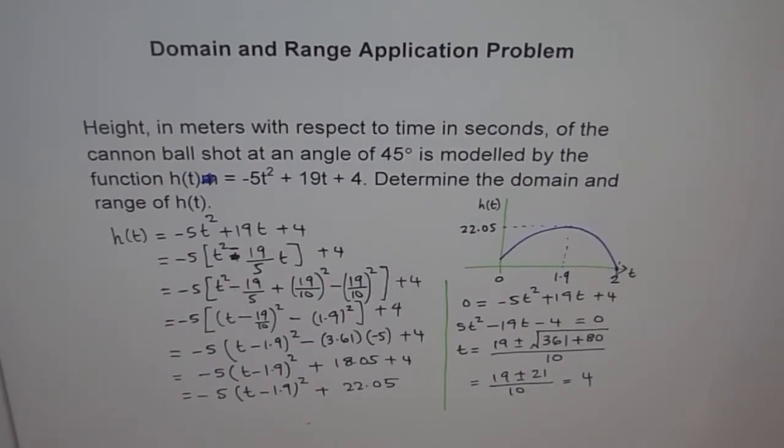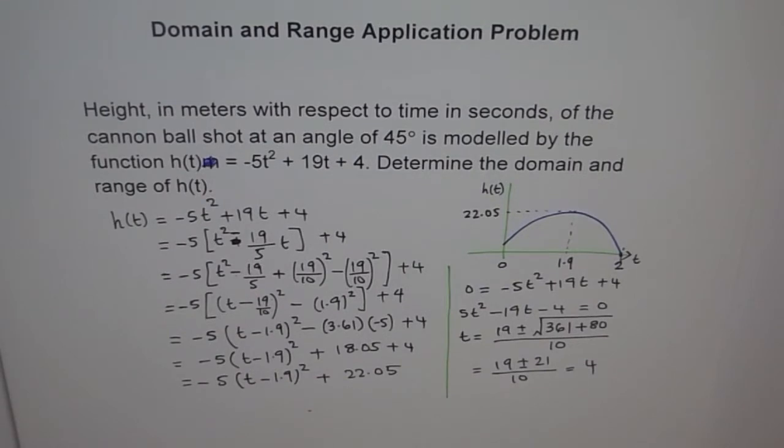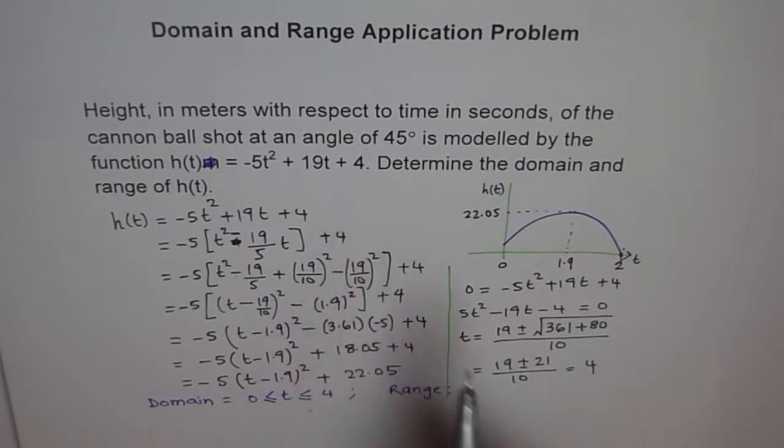So now we can write down our domain and range. That is the answer, right? The domain is t greater than or equal to 0 and less than or equal to 4, where t belongs to real numbers, in seconds. It's better to write it like this.